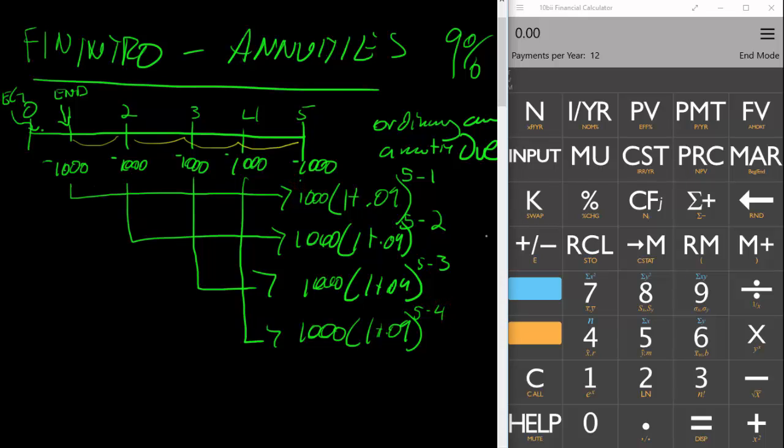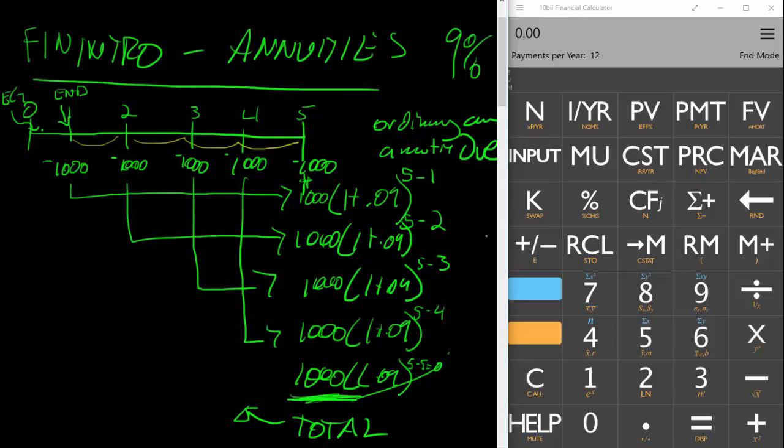And then the same thing with this last 1,000. It's in the same time period, so it is going to be 1,000 times 1.09 to the 5 minus 5, which is equal to 0. This whole thing turns into 1, so all we end up with is this 1,000 here. I add these up, and it turns into whatever it turns into, the total sum at period 5, and that would be my future value.